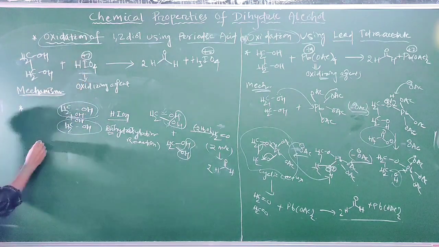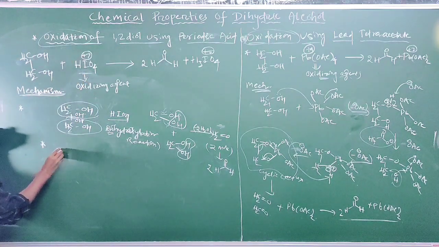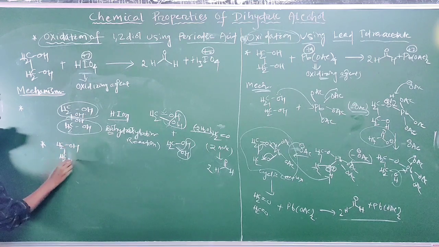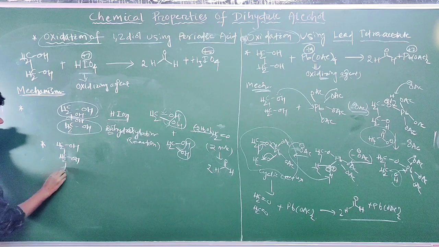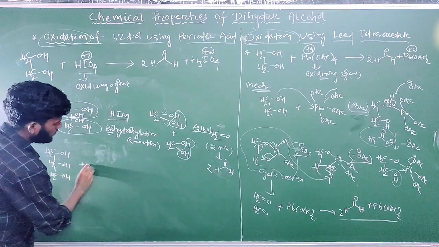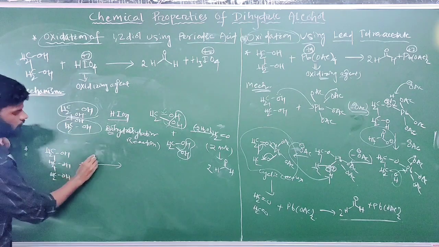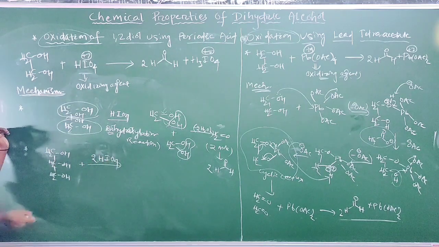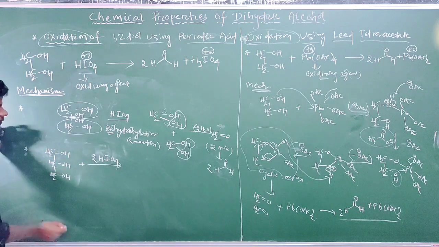So I have a question from the entrance corner. Let us take a trihydric alcohol, CH2OH, CHOH, CH2OH. To this trihydric alcohol, 2 moles of HIO4, periodic acid, are given.